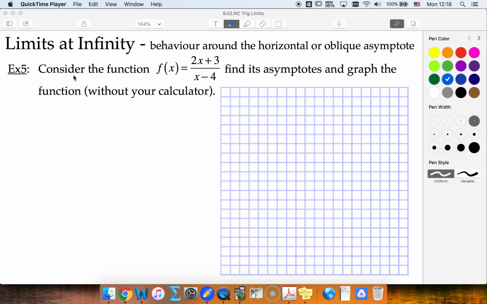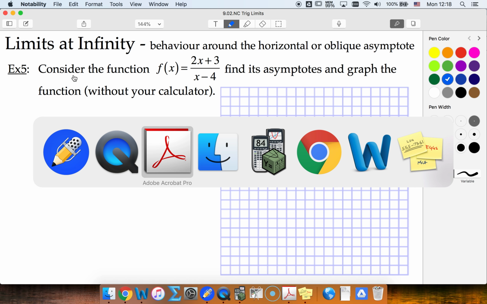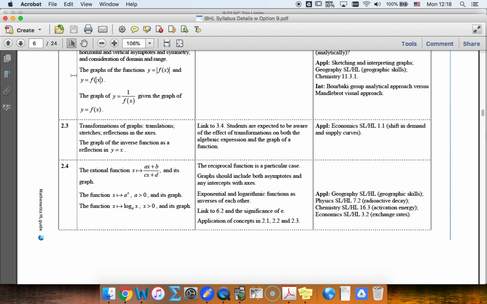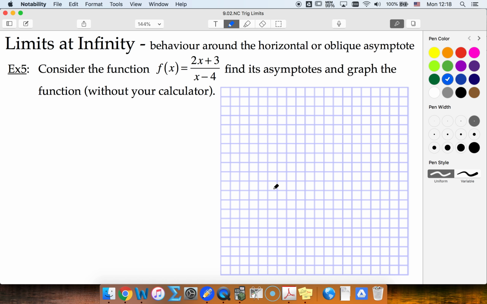All right, this part of our notes is actually a callback to our syllabus topic 2.4 with the rational function and looking at the graphs with its asymptotes. So we're going to connect this now to the idea of limits. If we think back to what we had last year, if I think about this function and its asymptotes, I know that basically I've got a linear divided by linear.